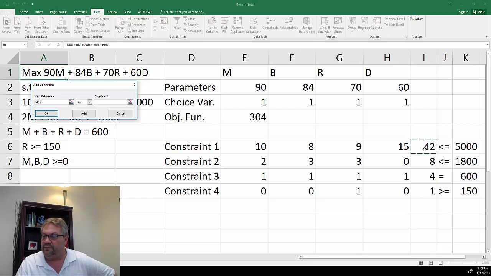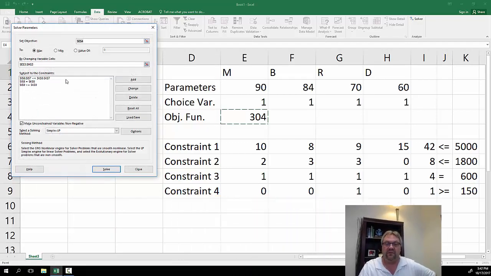Now I'm going to deal with my constraints. The first 2 I can put in at the same time because they're less than or equal to's. So I'll do those, add. And then of course these others I have to do by themselves. 4 is equal to that number, add. And then this has to be greater than or equal to this, and there we go.